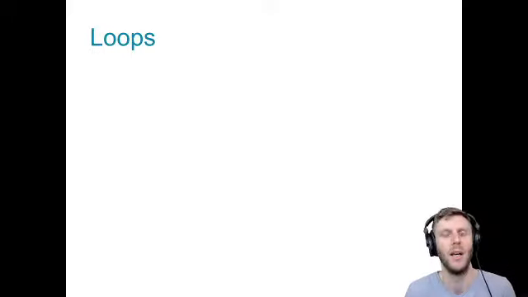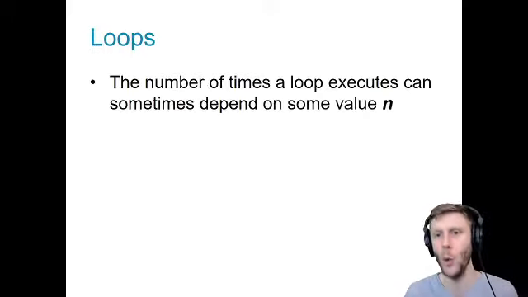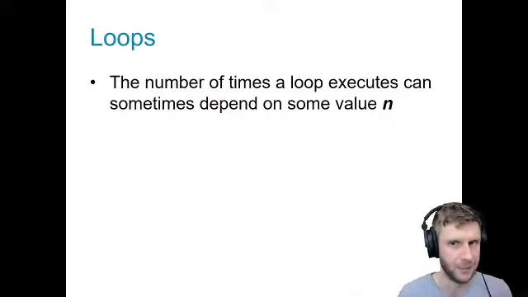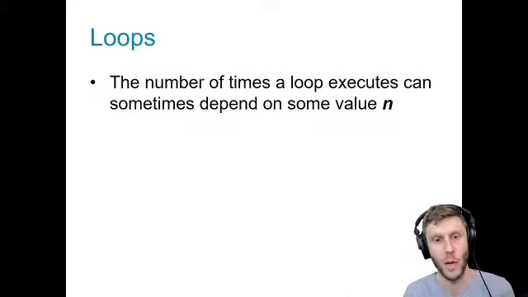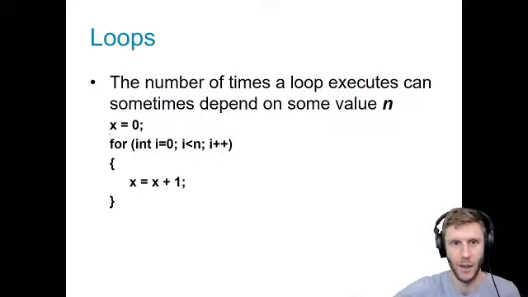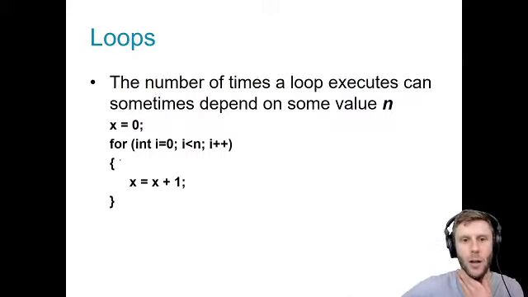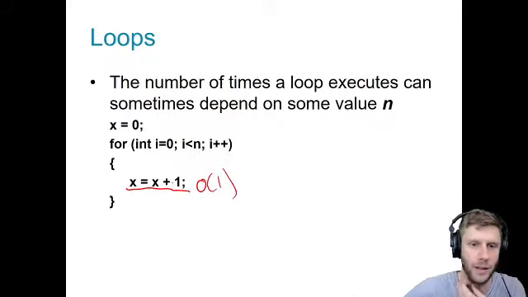Cool. Now, loops. You're going to want to look for loops because loops are where things get interesting. The number of times a loop executes can sometimes depend on some value n. Have a look here. How much work is being done by this code? Well, inside this loop, we have something that's order 1, right? It's T of n of 1.